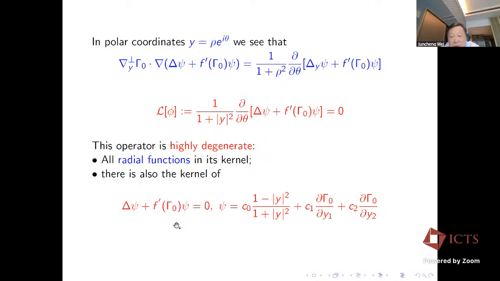And for the Liouville, you will have 3 kernels, right? You have the scaling and the 2 translations. So in terms of the linearized problem for the Euler, we have now a huge problem with the kernel because all radial functions are in the kernel. This is a huge problem. And in addition to these 3 kernels.